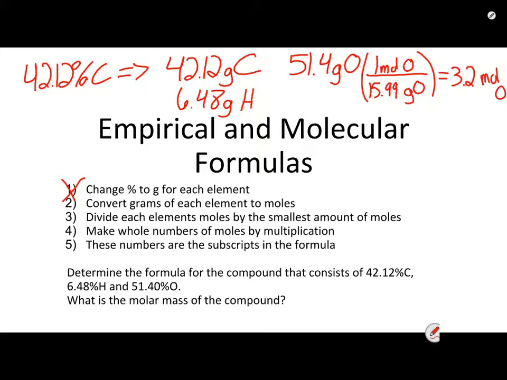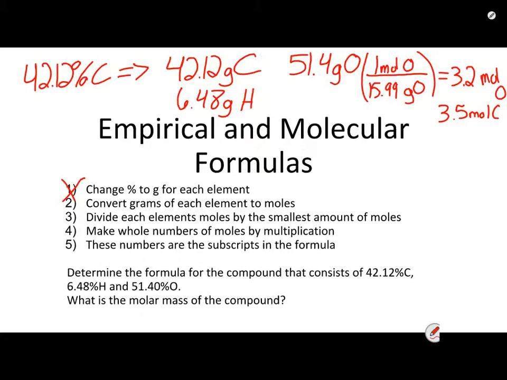So if I take my mass of carbon, 42.12, and I divide by the molar mass of carbon, which is 12.01, I'm going to find that I have 3.5 moles of carbon. And then I'm going to do the same thing for hydrogen.